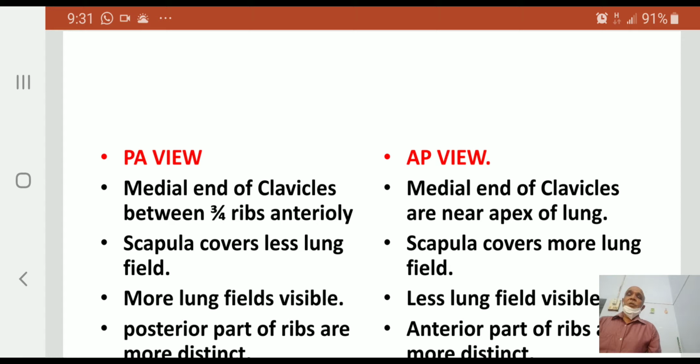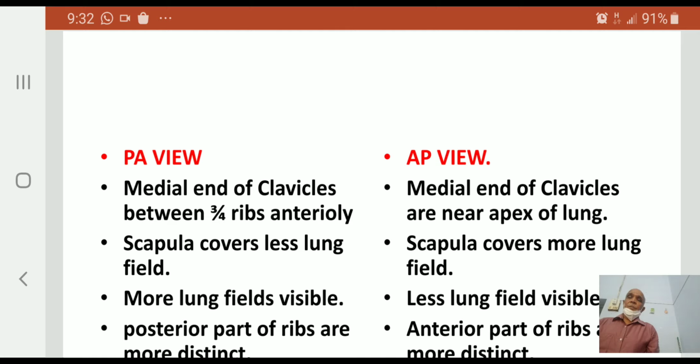In the case of the AP view, the X-ray cassette is anterior to the chest and the beam or radiation is coming from the posterior side of the chest. So we can differentiate in which view the X-ray is taken.